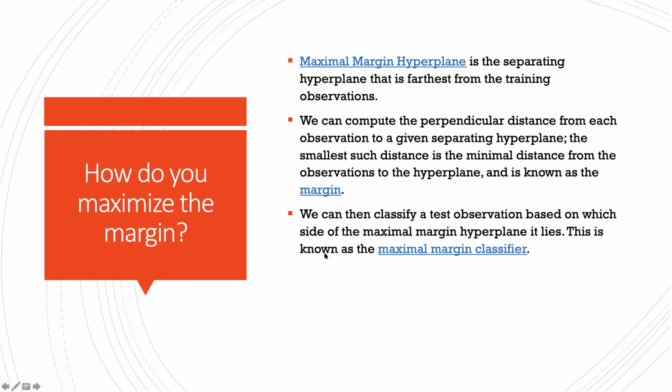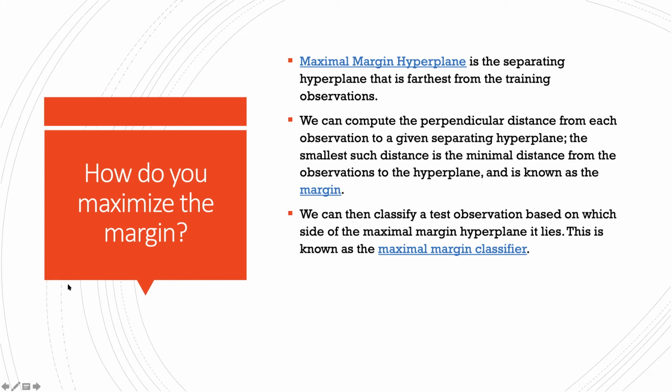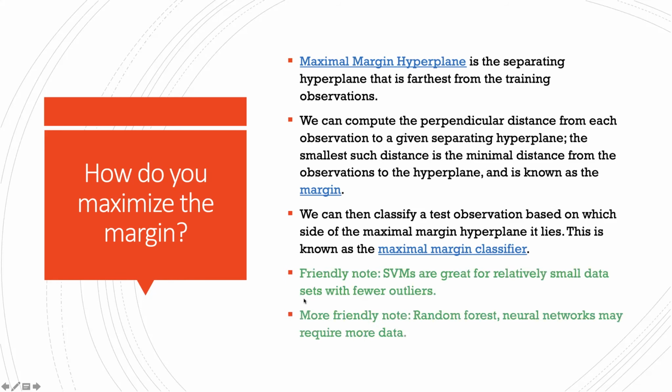So let me move on. I just wanted to add a friendly note here: if you want to use SVMs, they are really good for small data sets with fewer outliers. If you have more data, you can use random forests or neural networks.